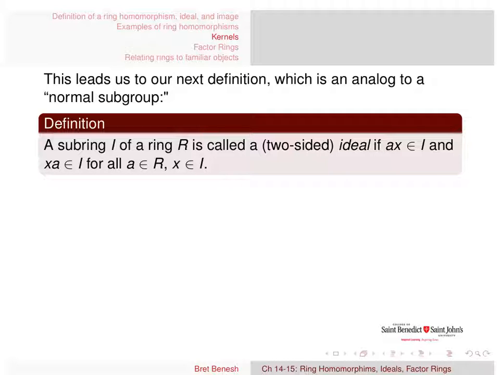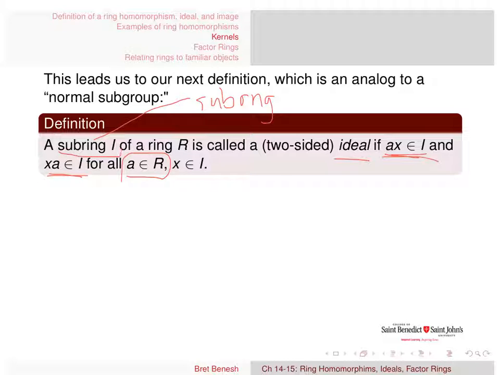So we're going to make a definition based on this. A subring, this is actually a subrng. If you assume that rings have to have unities, then we're going to change this to subrng, because we're not going to require that ideals have unities. But a subrng of a ring is a two-sided ideal if you get ax and xa are in the ideal for all a.